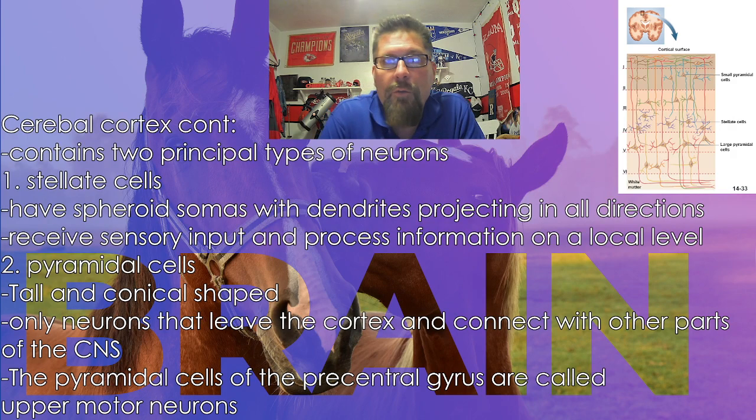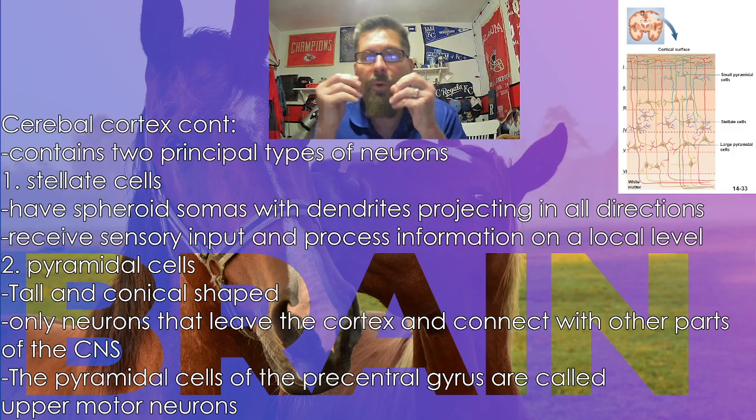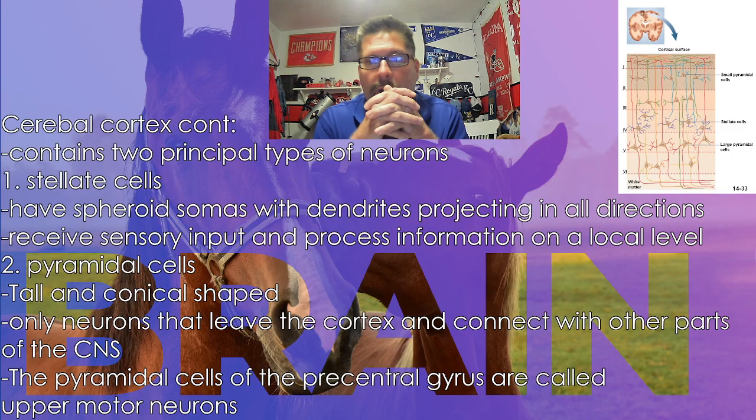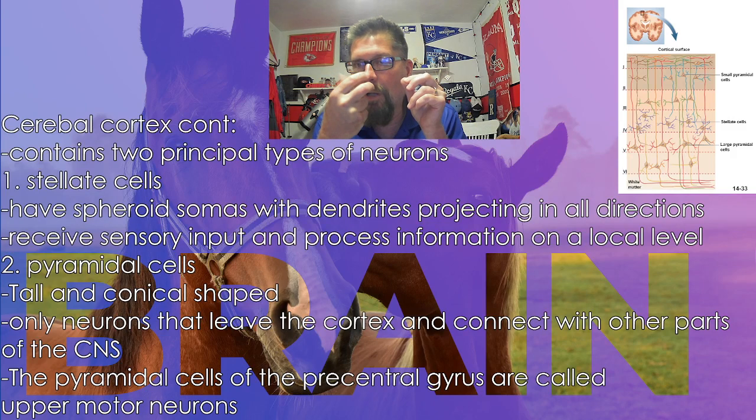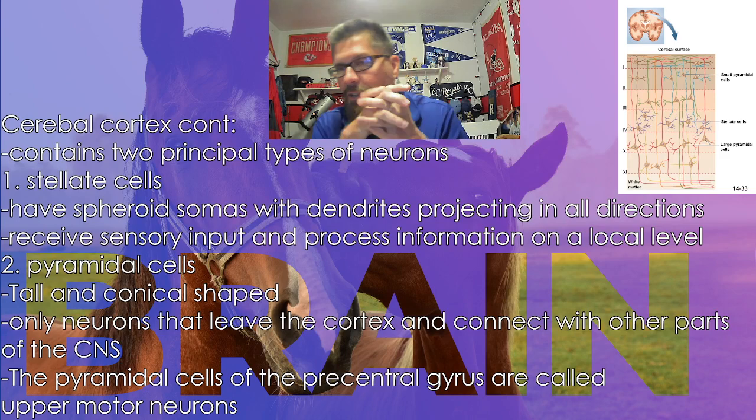But the 2 things you want to recognize here is the 2 types of cells that are found in this section. The stellate, which is more like a star pattern. It's got the soma in the inside, and then dendrites going from all directions, because it has to connect with so much stuff in so many different directions. That's the kind of way to think about that.